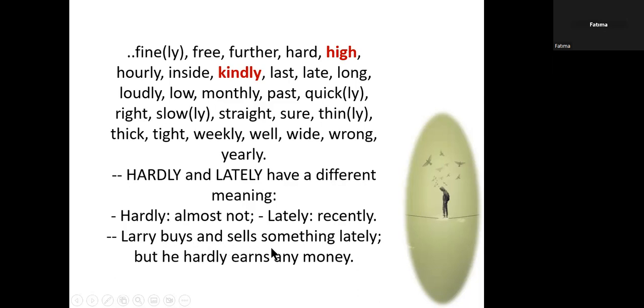Larry buys and sells something lately, recently, these days. But he hardly earns any money. He almost never earns any money. He hardly earns any money. Almost not.